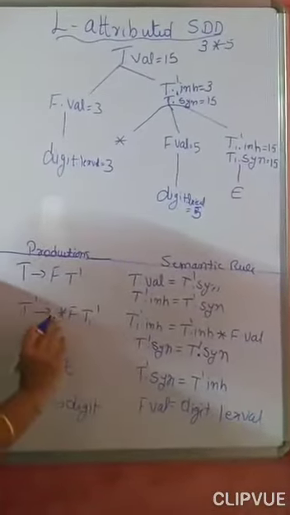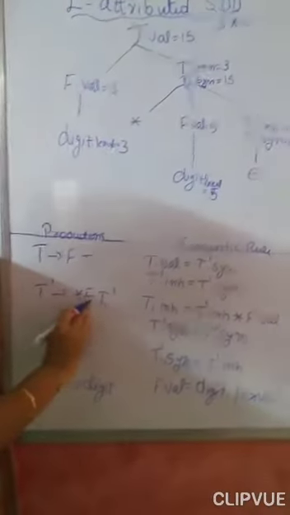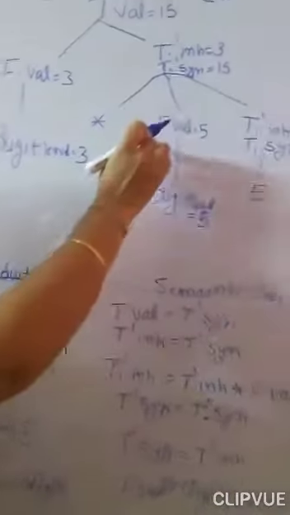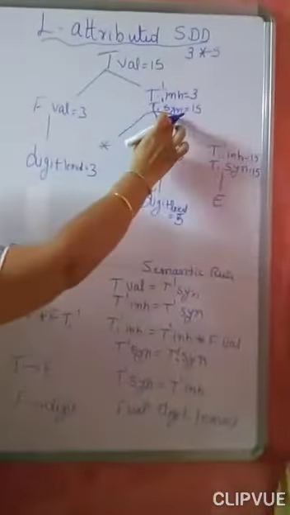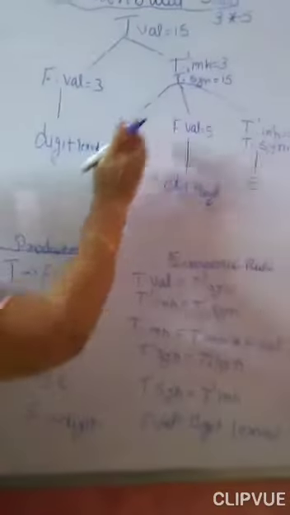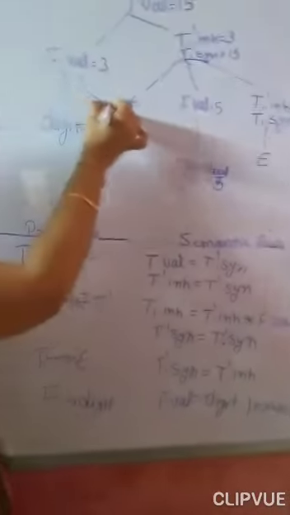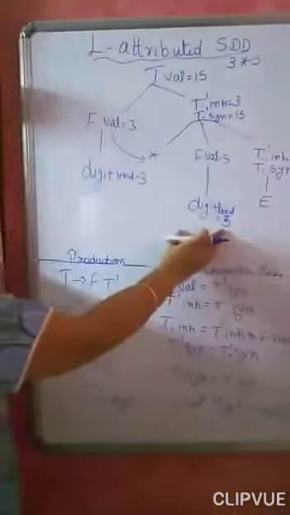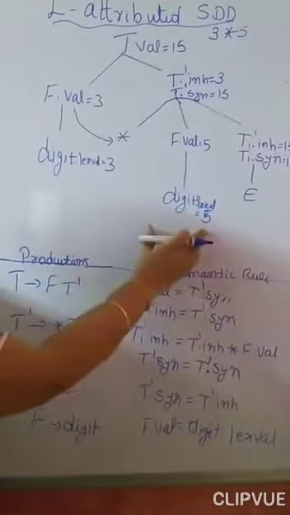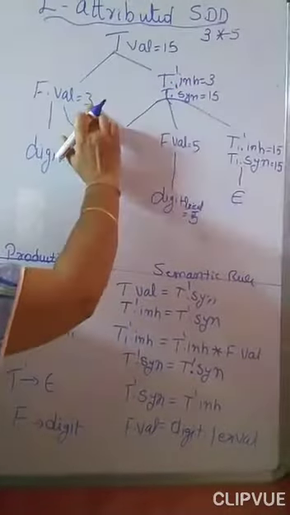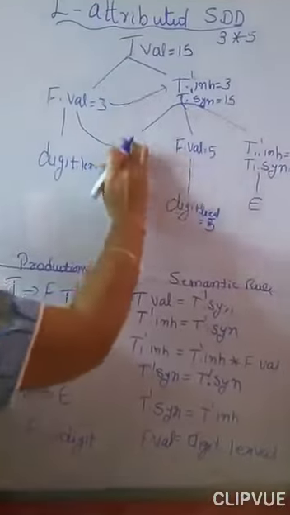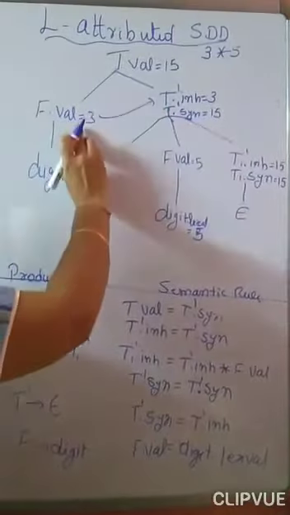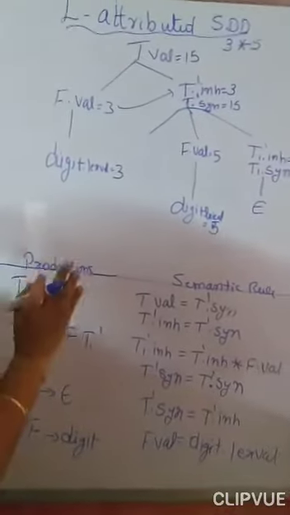Here, in order to compute T dash, we have star F T dash. To compute the synthesized value here, you need to inherit from its sibling. I simply cannot do star 5. When I want to do 3 star 5, I need to inherit this 3 from the sibling, which is called the inherited value.